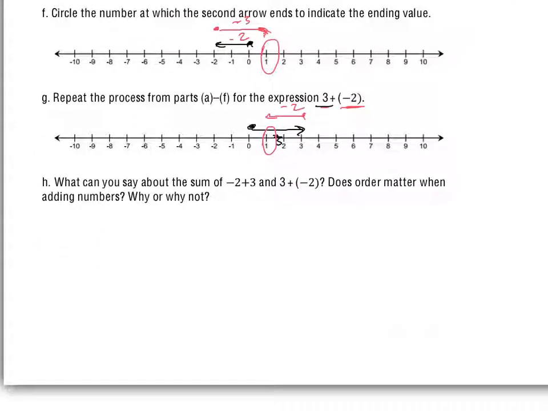So what can we say about the sum of negative 2 and plus 3 and the sum of 3 plus negative 2? Does order matter? So order does not matter. You can see we get the same value.